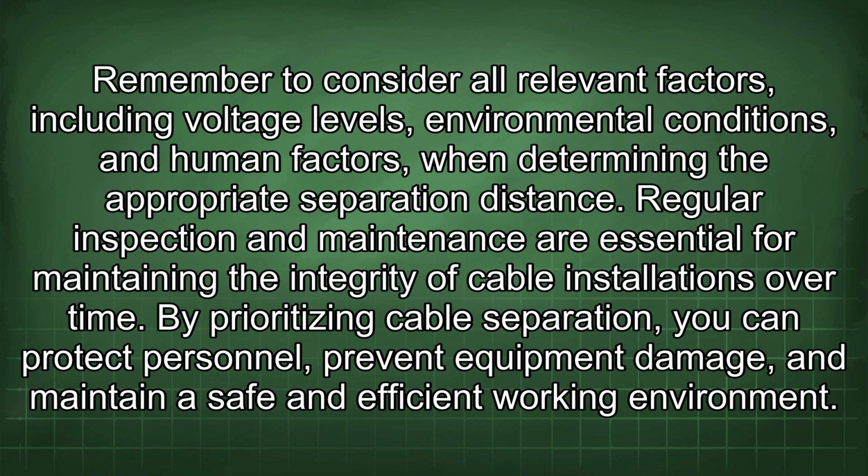Remember to consider all relevant factors, including voltage levels, environmental conditions, and human factors when determining the appropriate separation distance. Regular inspection and maintenance are essential for maintaining the integrity of cable installations over time. By prioritizing cable separation, you can protect personnel, prevent equipment damage, and maintain a safe and efficient working environment.